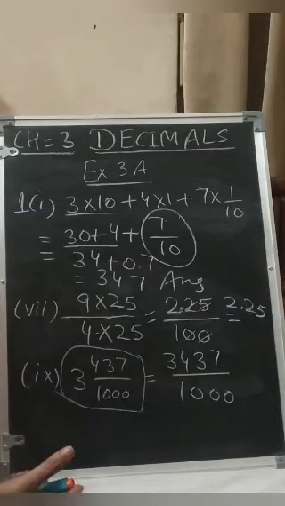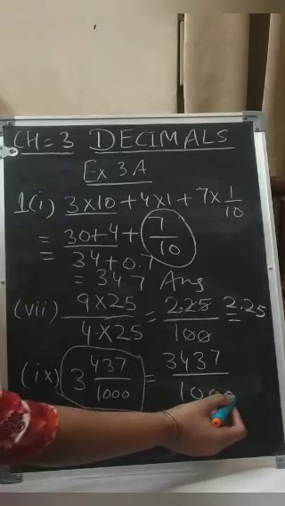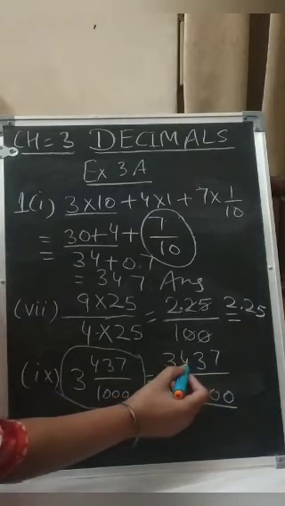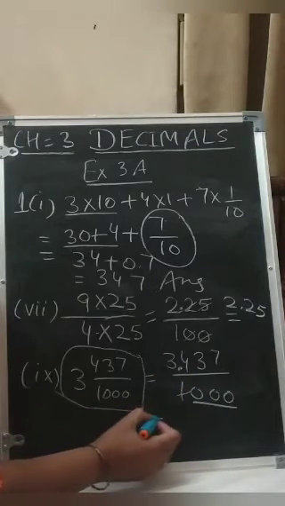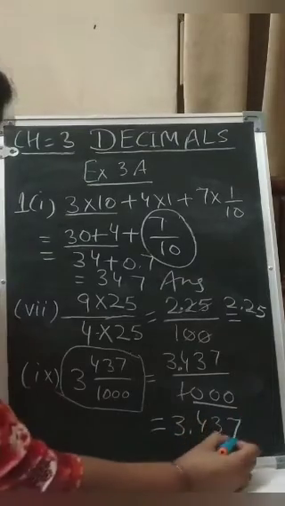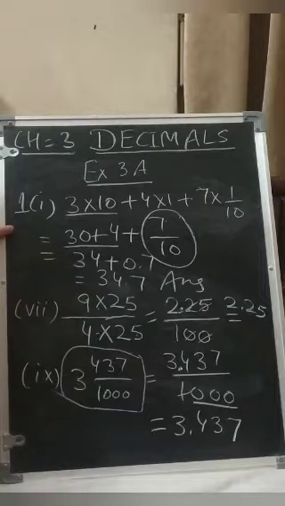Now change into decimals. Again the same method. 3 zeros are there, 1, 2, 3. After 3 digits you will put the decimal, and the denominator will be cancelled, and your answer will be 3.437. So in this way you will complete all the other parts of the first question yourself.